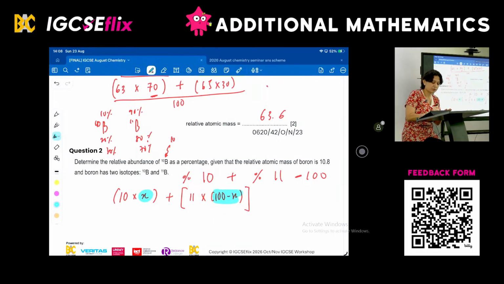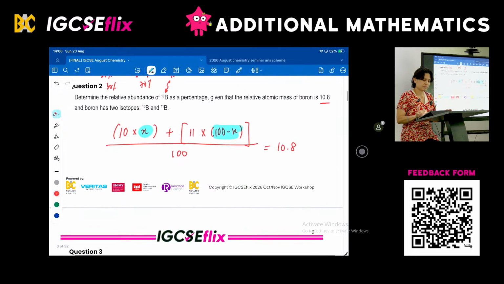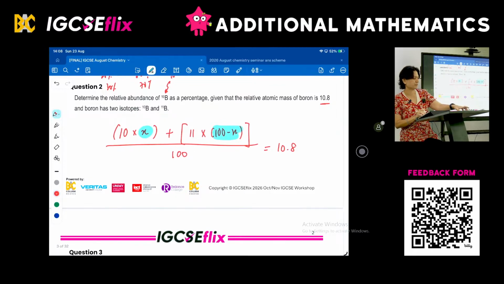So this value, you do the same math. Divide by 100 equals how much? Is it given in the question? Yeah, it's given in the question. It equals 10.8. It's just math.